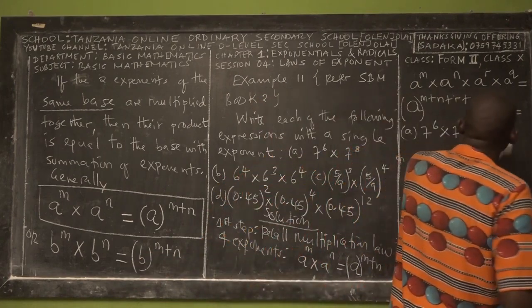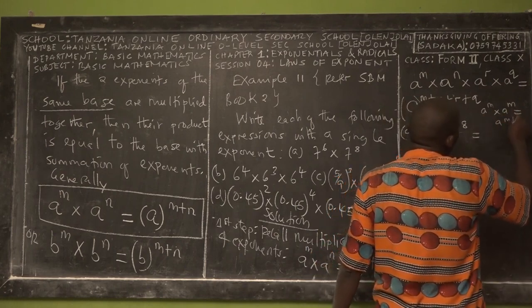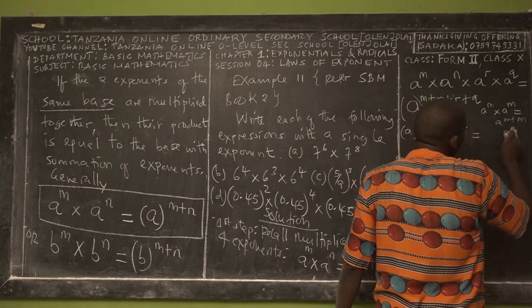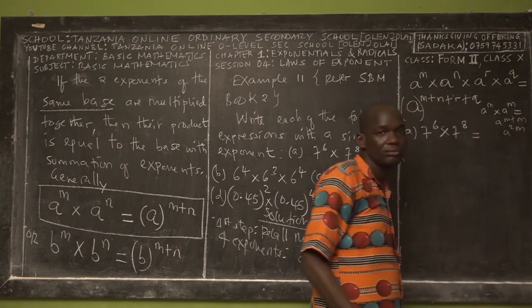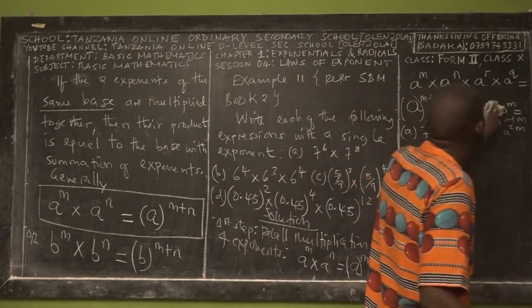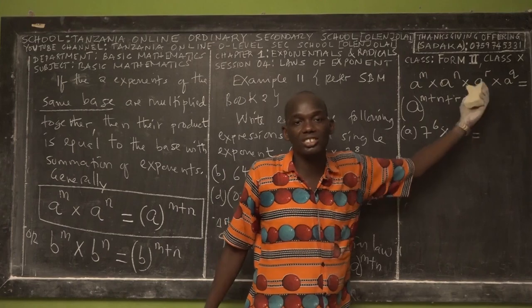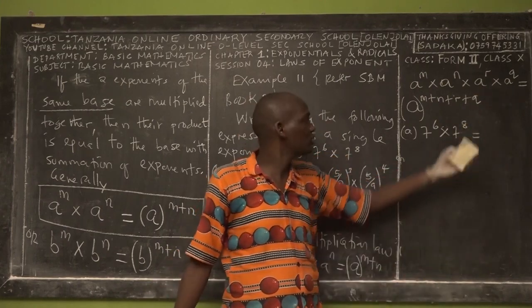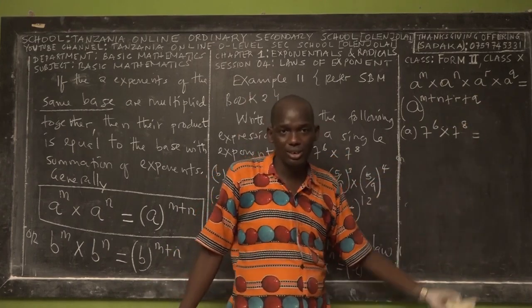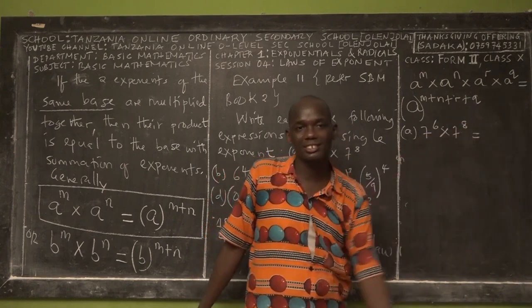So even this one, a power m times a power m, the answer is a power m plus m, so a power 2m. Right? So don't worry in case they have, for example, 7 power 60 times 7 power 6, because the exponent has the same value. The answer will be 7 power 60 plus 6.